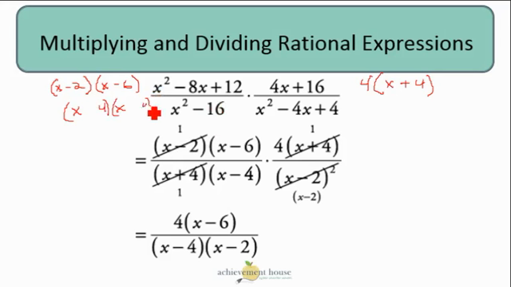So 16 is a perfect square of 4, and it's the difference, so our rule tells us we can do x plus 4 and x minus 4. And then on the right side, we have x minus 2 times x minus 2. What multiplies to 4 and adds to negative 4x? That's negative 2 and negative 2.